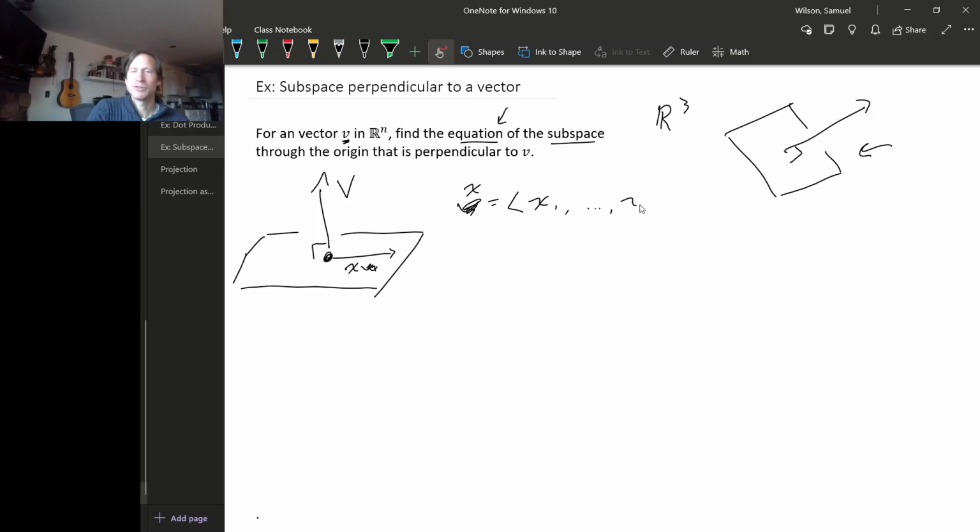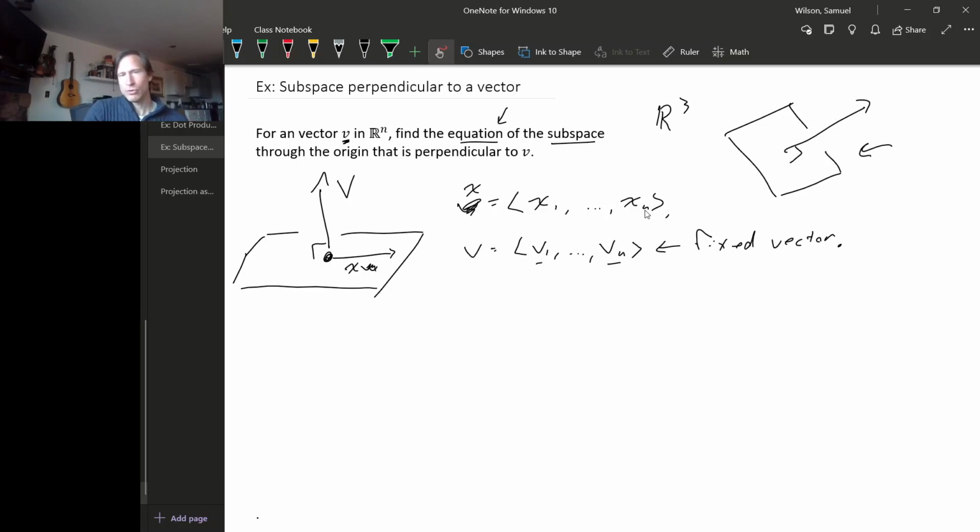So x1 through xn. And v, let's say that that's v1 through vn. Everything looks like a variable here, but the thing to keep in mind is that v is actually a fixed vector. So in a particular example, these v's would be actual numbers, but these x's are going to stay variables.